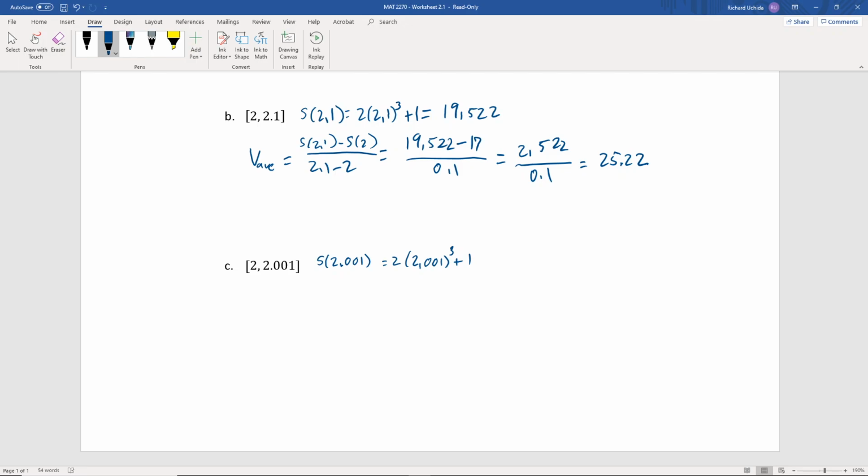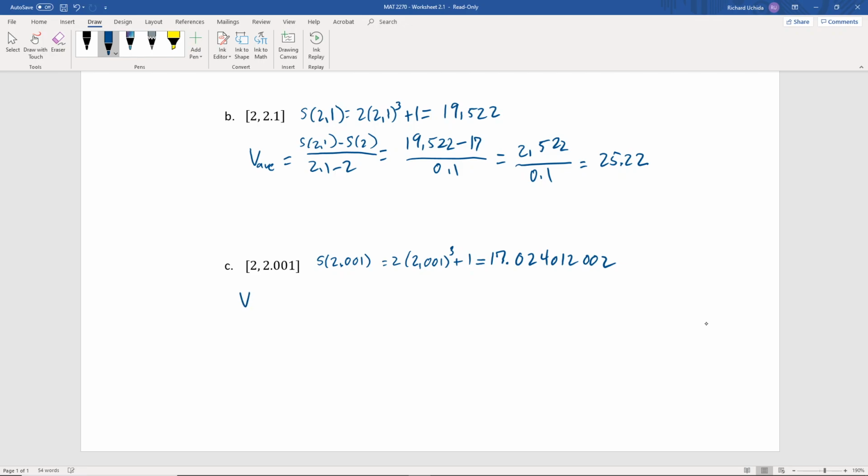So I'm going to get my calculator out. 2.001 cubed times 2 plus 1, I would get 17.0240120002. So again, I do not round until the end, the last step.